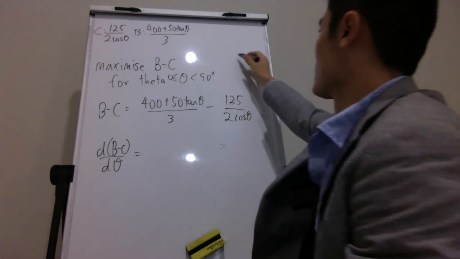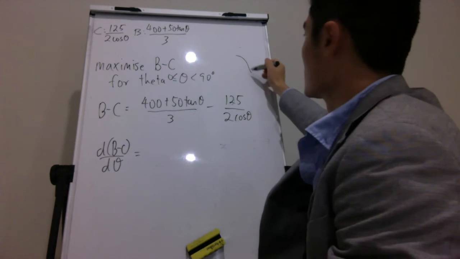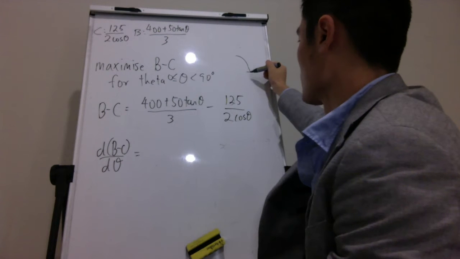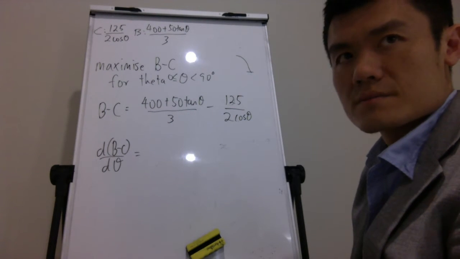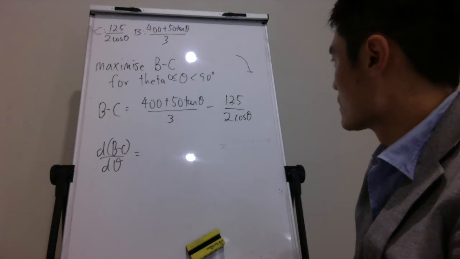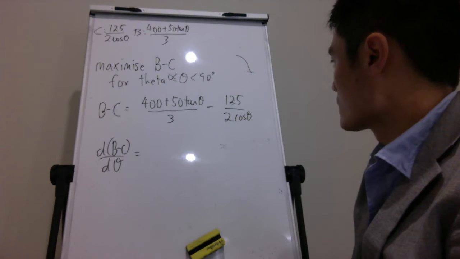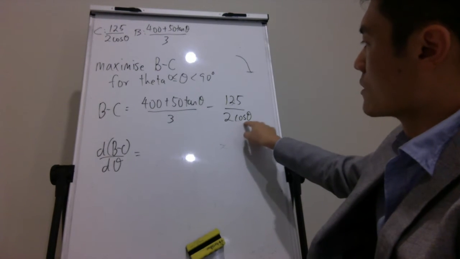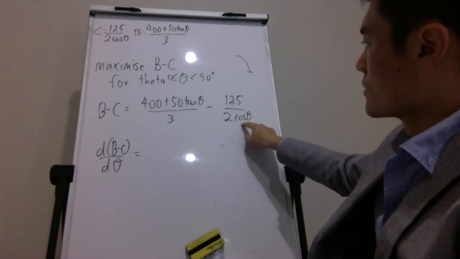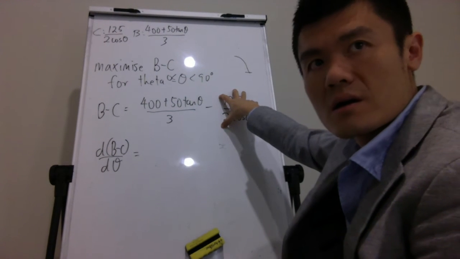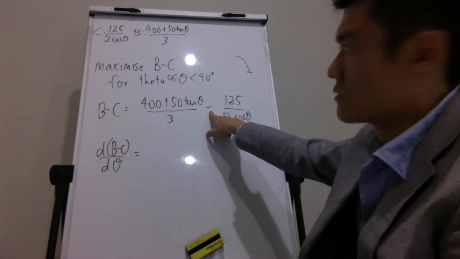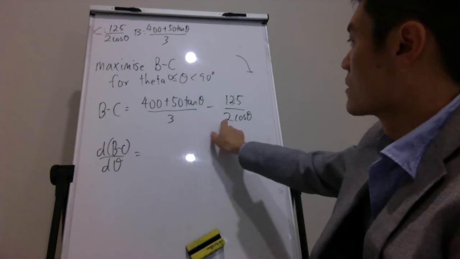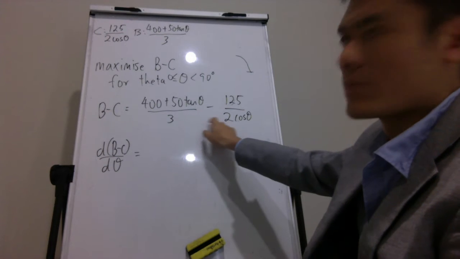So cosine is kind of like this: it starts at 1 when theta is 0, and goes to 0 when theta is 90. So they're always positive. So this number is getting smaller as theta is getting bigger, but then this whole number is getting bigger, and it's being subtracted. So these two are sort of opposing each other.